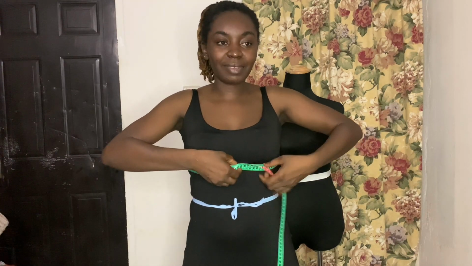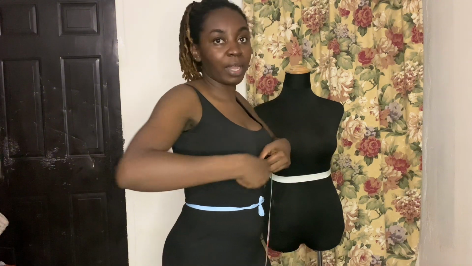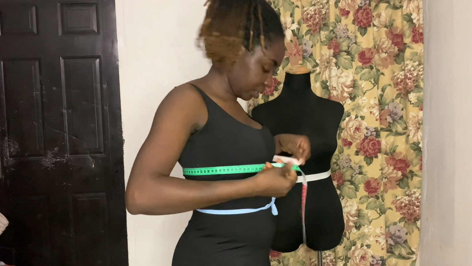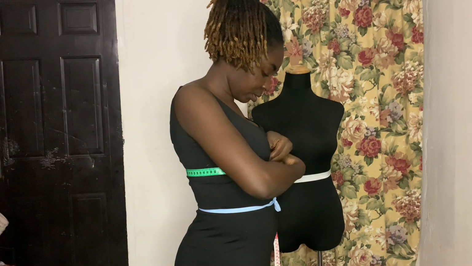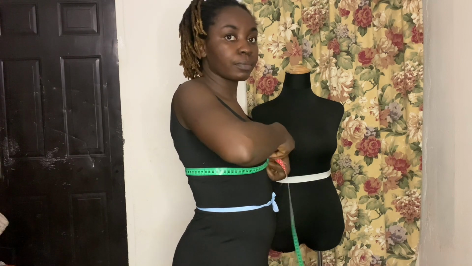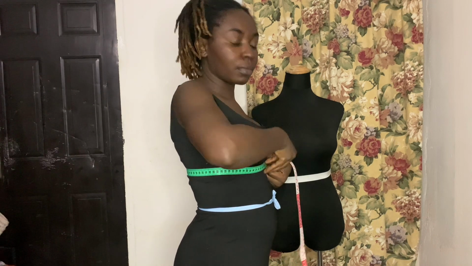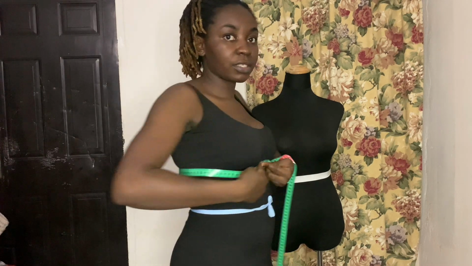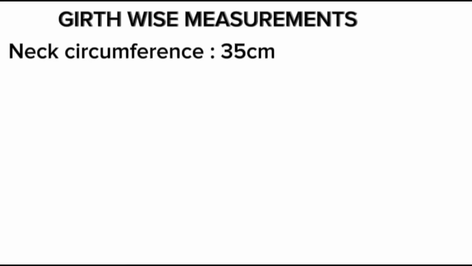You have your underbust, popularly known as your underbust. So under the bust, on your bra wire, this should also be flat on the bust, this way. Circumference.